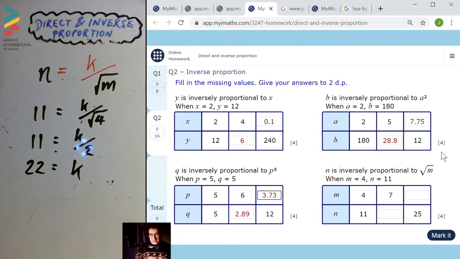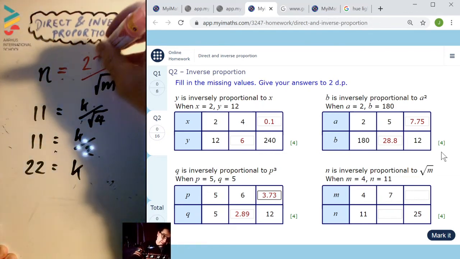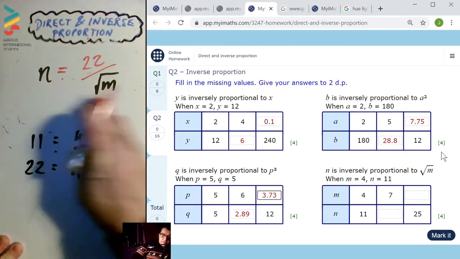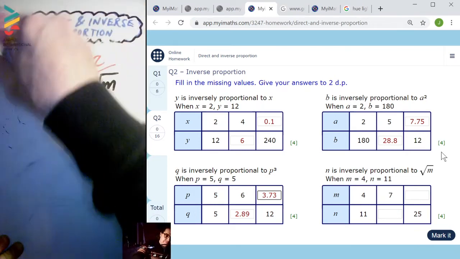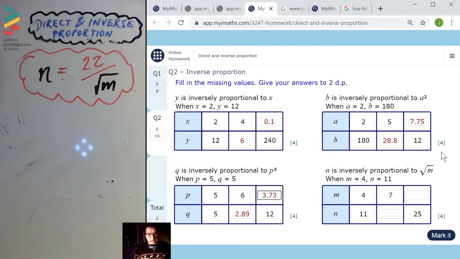So the relationship between n and m is that n is equal to 22 divided by the square root of m. So that's the relationship, and then we've just got to fill in the gaps in the table.